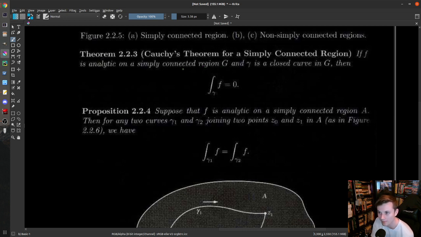One of the reasons we like to say region is so you don't have to say connected, simply connected open set G, and a closed curve in G, right? So it's a slightly different context, and we got this another version of Cauchy's theorem.